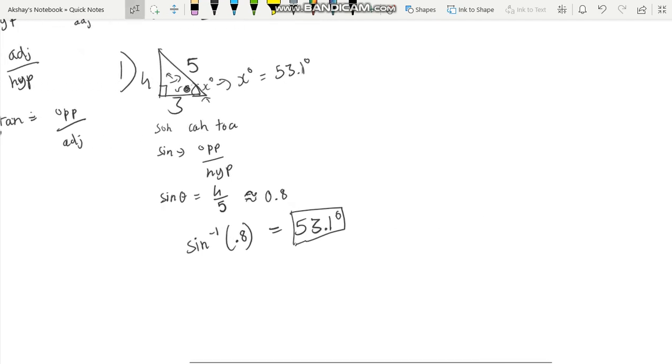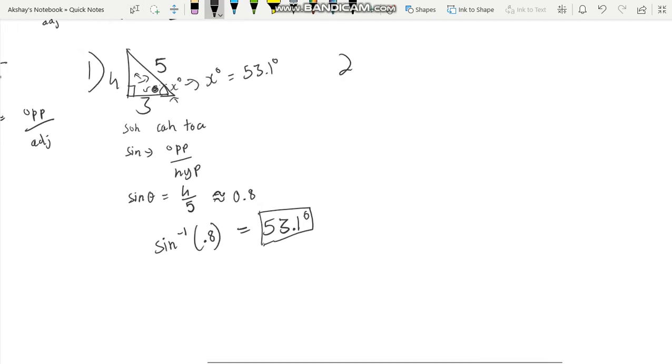And the other thing that we can find with our trigonometry SOHCAHTOA is the side of our right triangle, and that we can find out when we're given an angle. In this case, we're given an angle of 53.1 degrees.